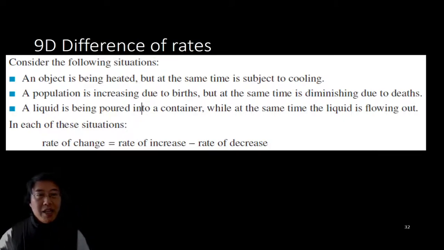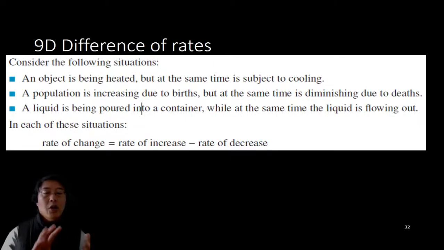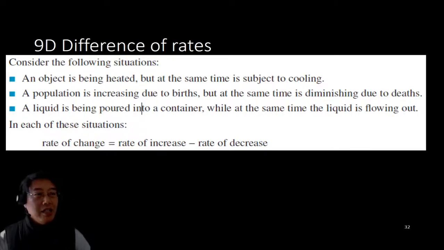The same idea as, let's say, your car is moving in one direction. You can have your acceleration pushing to increase your speed, but you also have resistance, either from the tires or the wind, that will tend to slow you down. Or an object is being heated, but at the same time it's cooling down.